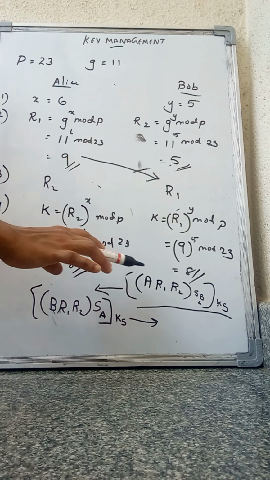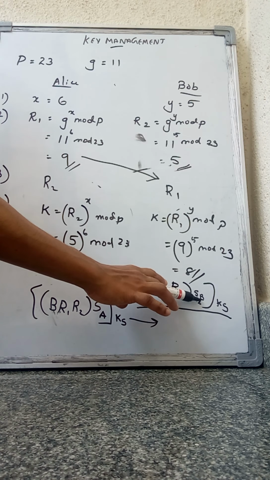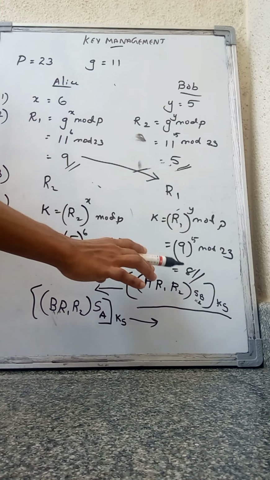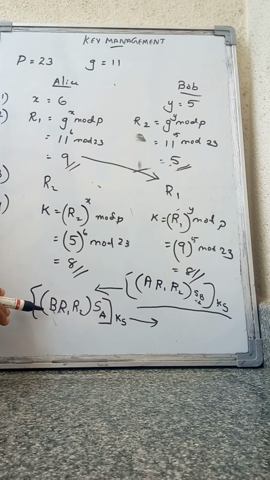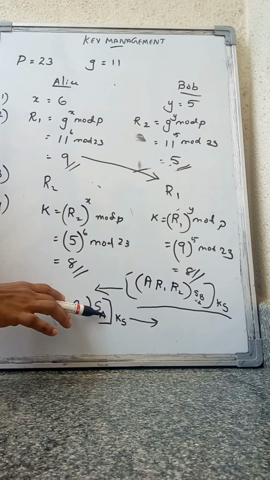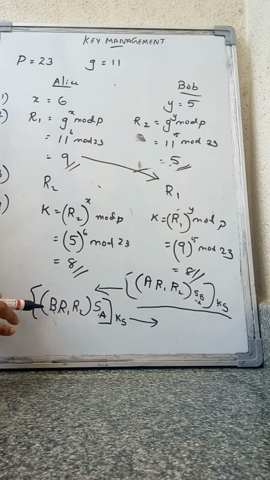Alice verifies the signature of Bob, then concatenates the ID of Bob, R1 and R2, signs this with her private key and encrypts the entire message using the session key. Bob has to verify this.